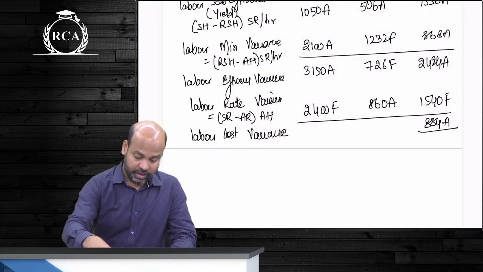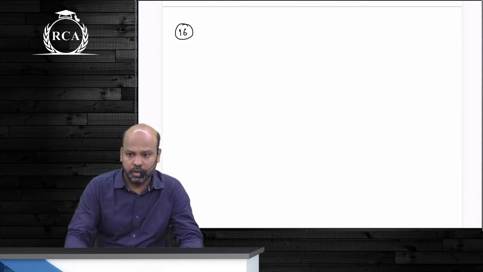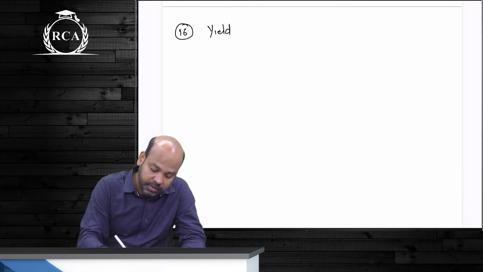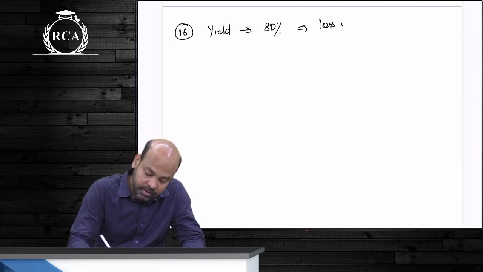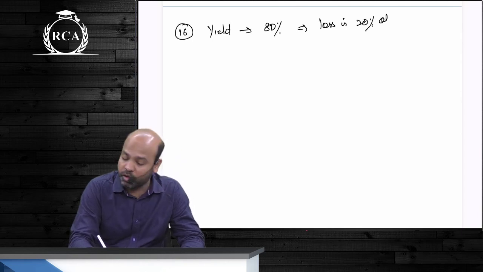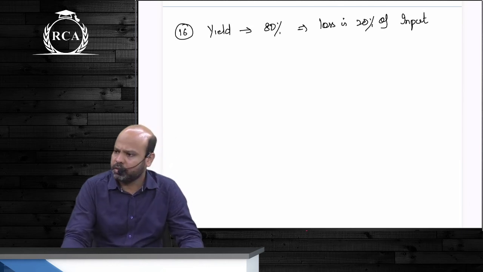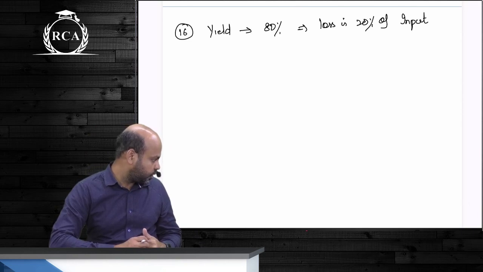So let us finish this part first. First write this, beta: what is your yield ratio? 80%. That means loss is how much, beta? 20% of input. Loss will be 20% of input. Correct?